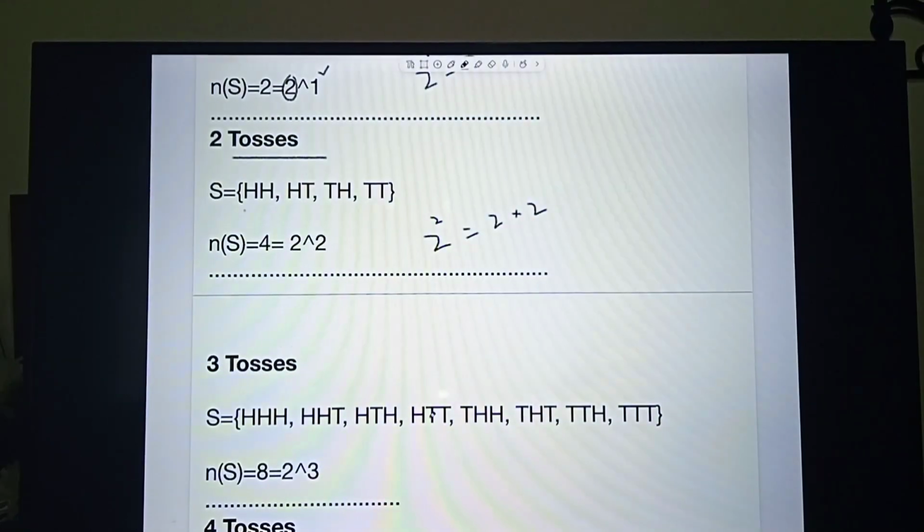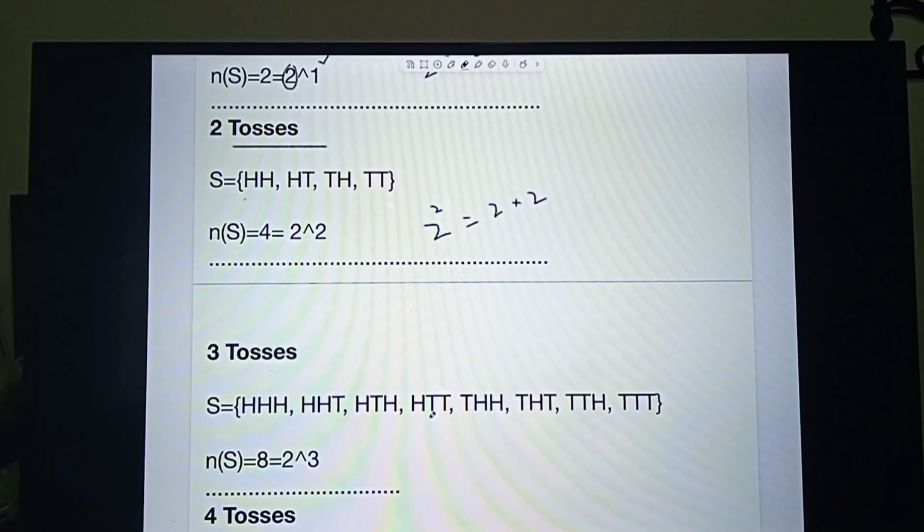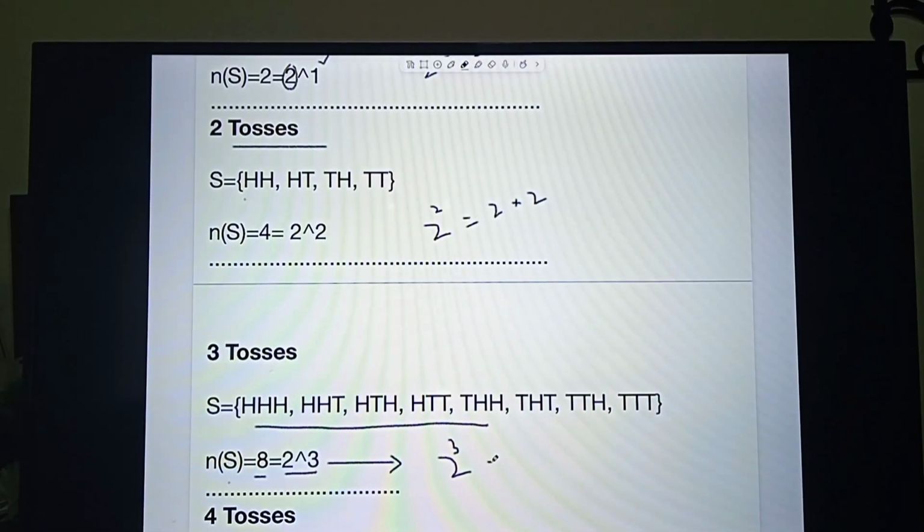Similarly, when you toss a coin 3 times, this is the sample space, and again the number of sample points in this sample space is 8, and this is obtained by 2 to the power 3. That is, 2 to the power 3 gives us 8 outcomes.